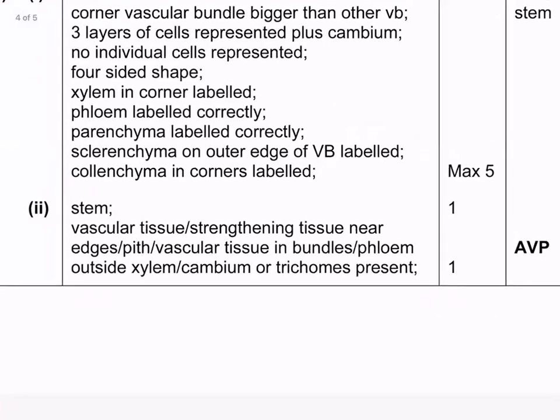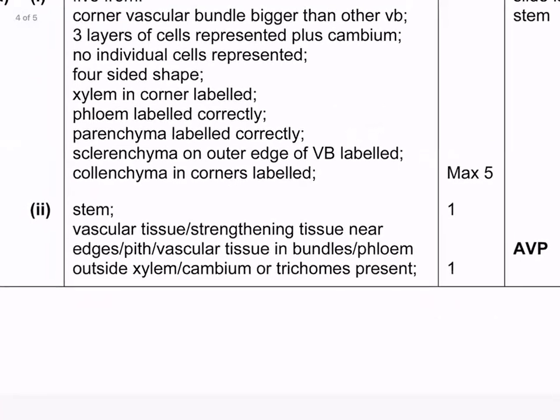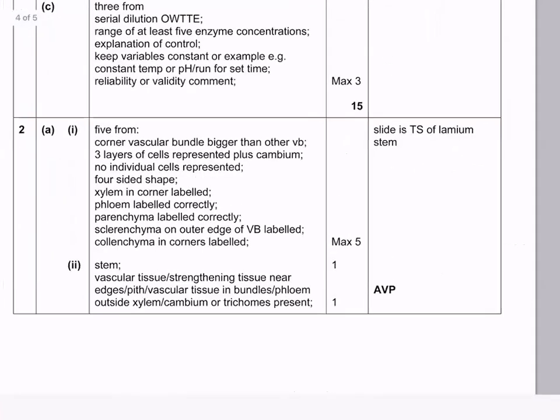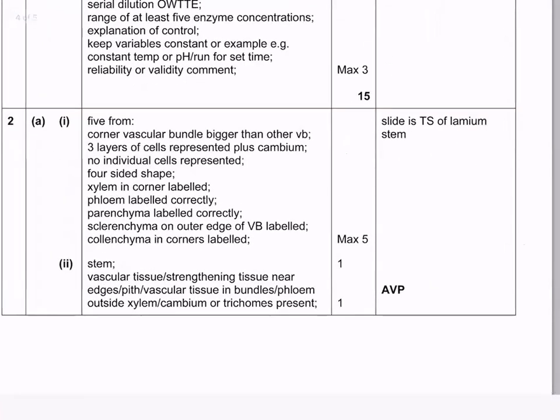And we can see xylem, cambium also. Trichomes are also present. Basically, even if you write down 2 reasons, that the vascular tissue is arranged in alternating bundles, right? And the tissue is hollow from inside. That's also taken as a correct point. Basically, 1 mark is for identification and 1 mark is for reason.